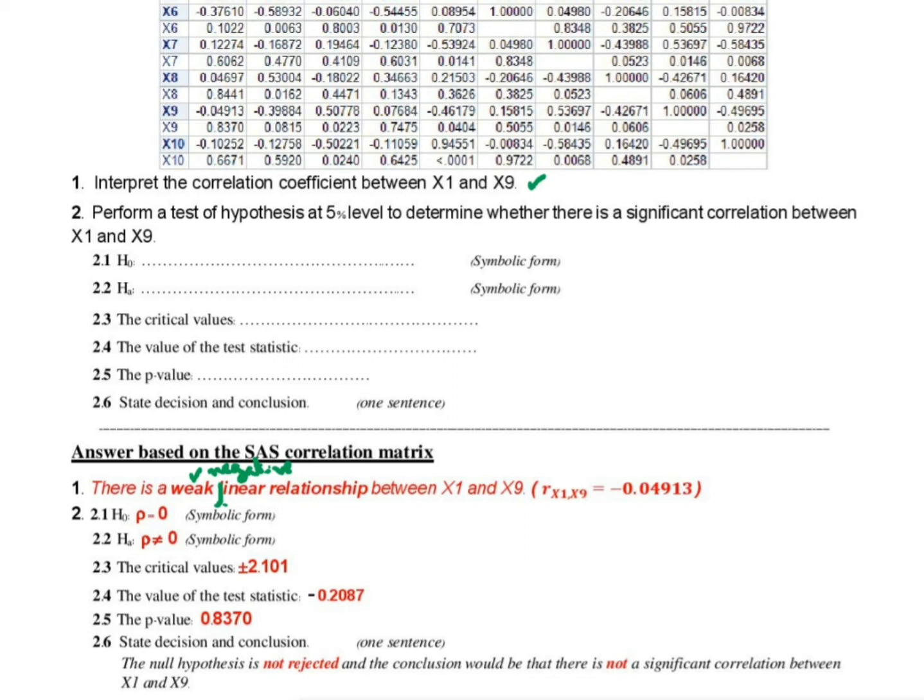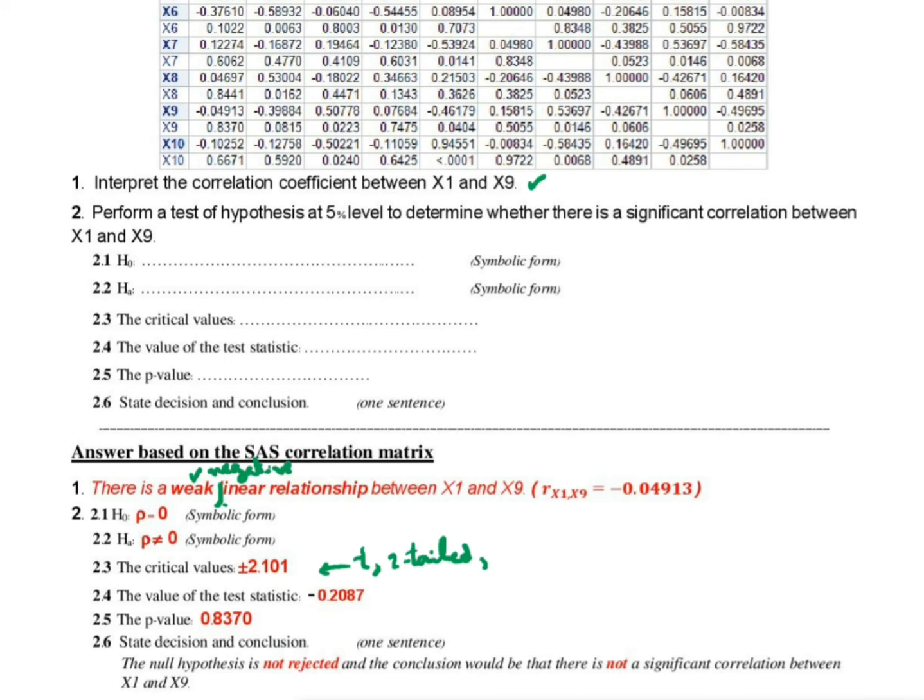Okay, testing rho is 0, rho not 0, critical value positive 2.101, negative 2.101. You go to T-table and choose the 2-tail column, not the 1-tail column.